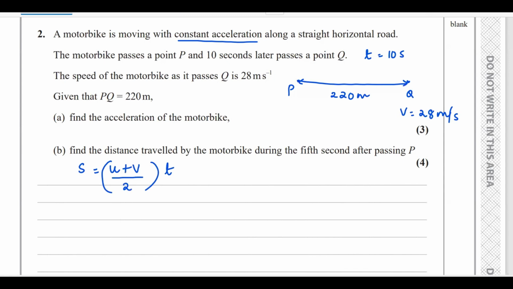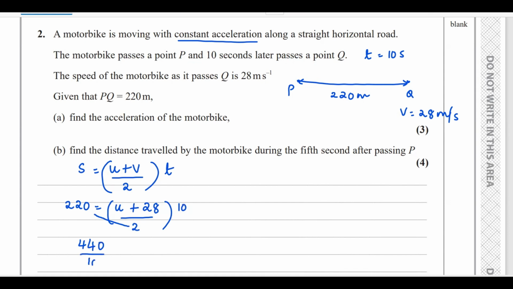So just substituting the values here, 220 equals U plus 28, divided by 2, times 10. When you cross multiply, 220 times 2 is 440. And then take this 10 to the other side.